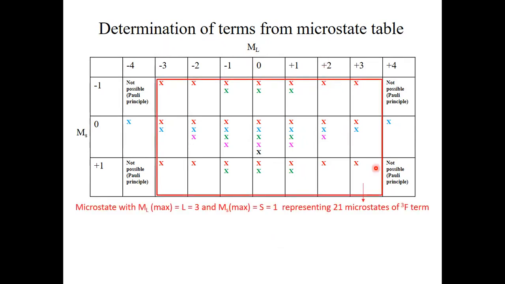Okay, and the first box is this one, which is also the red color, and that's basically the largest possible box that we can draw into the table that contains at least one microstate.